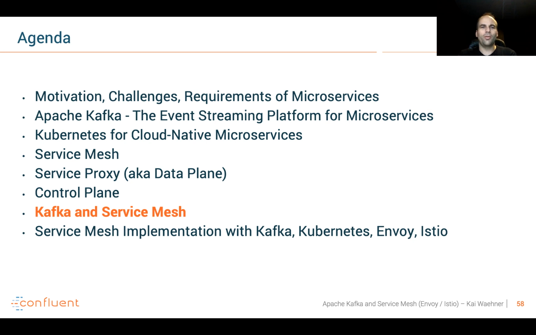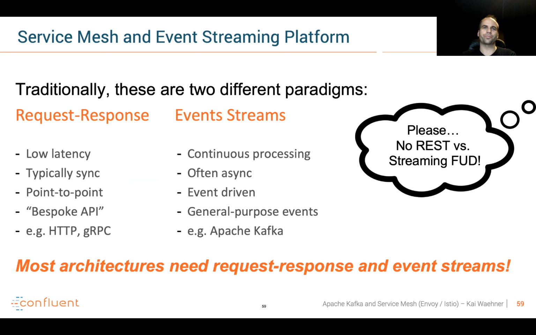So now, after we learned about the advantages of Kafka and its ecosystem in Kubernetes and also service mesh with Kubernetes, now let's think about how to combine them to really get all the key requirements of a microservice architecture together. First of all, and that's also important to understand, in service mesh, when you take a look at the tools and frameworks, they typically talk about request response.